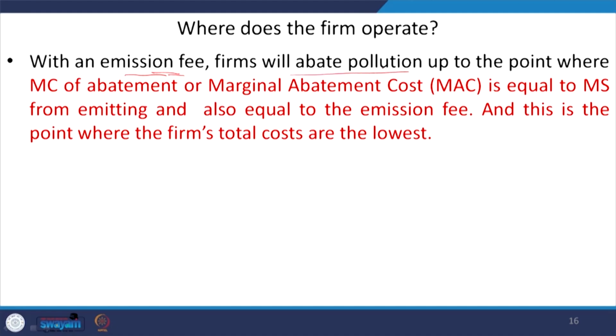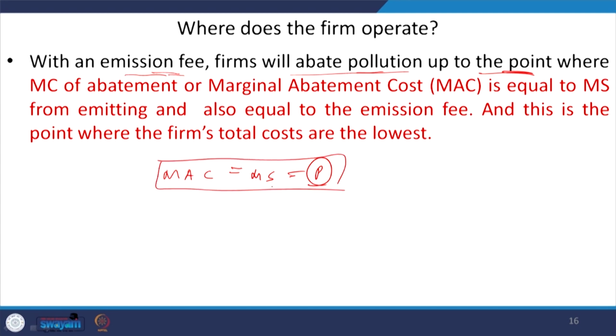It can continue to abate the pollution to the point where the marginal cost of abatement is equal to the marginal saving from emitting one more unit of pollution, and this must be equal to the pollution fee or emission fee. When this condition is satisfied, marginal abatement cost is equal to the marginal saving, which is equivalent to your emission fee. So, the firm can continue to abate till this point, and at this point the firm's total cost is the lowest.